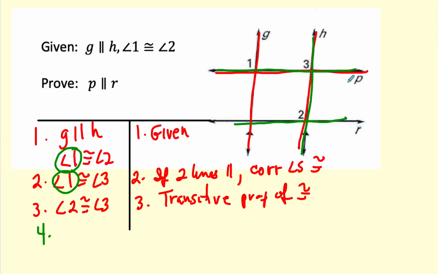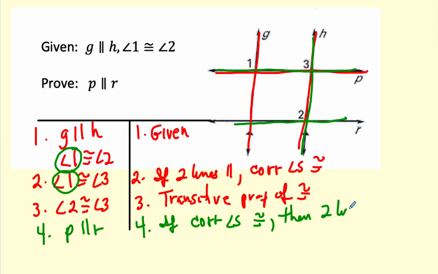So I can say, and the parallel lines are P and R. So P is parallel to R because if corresponding angles are congruent, see that's what these were, corresponding angles, then the 2 lines are parallel.